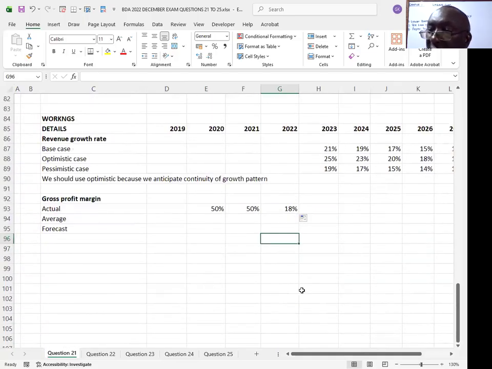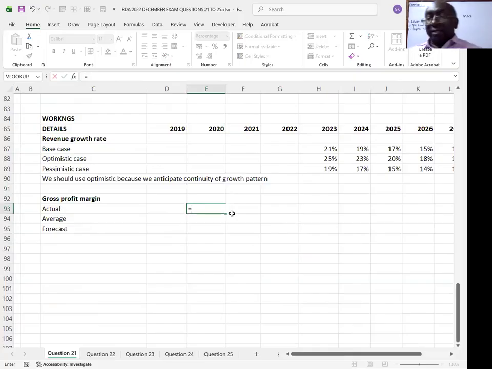Haya, tumefanya hivi. Tumekuja hapa tukasema we want the growth rate. We want the actual growth. We want the growth rate of the gross.